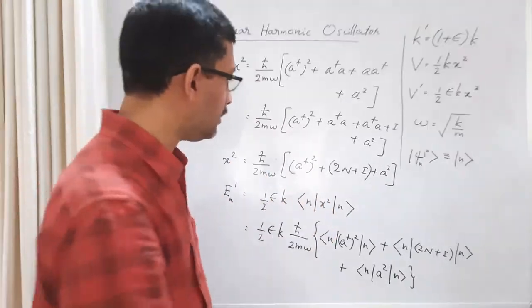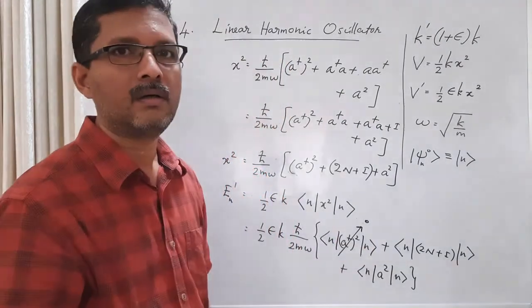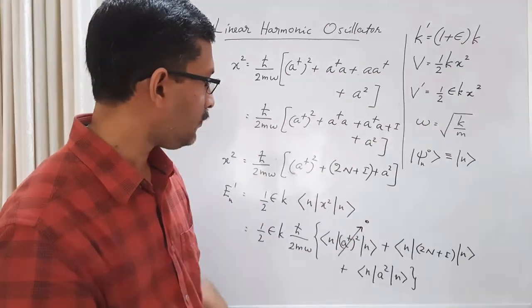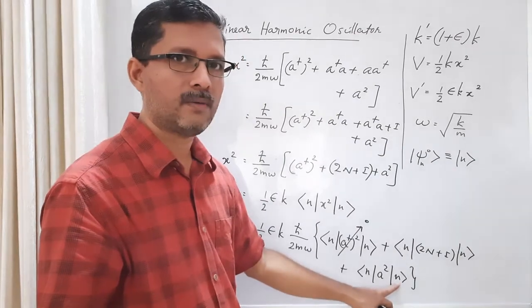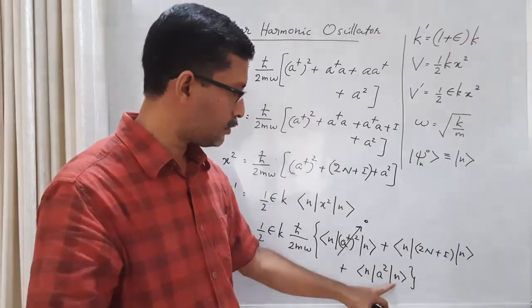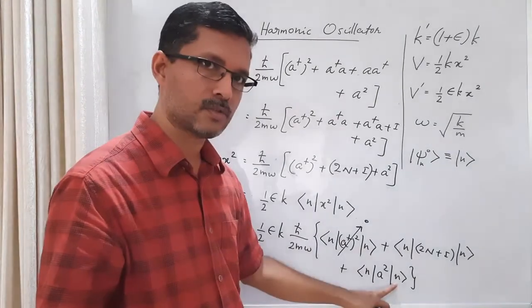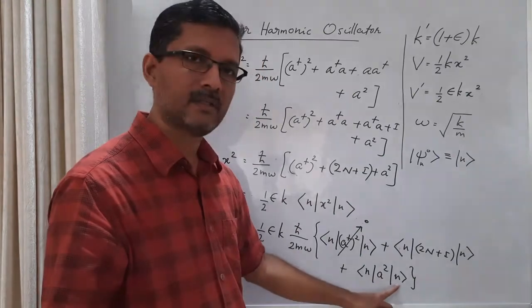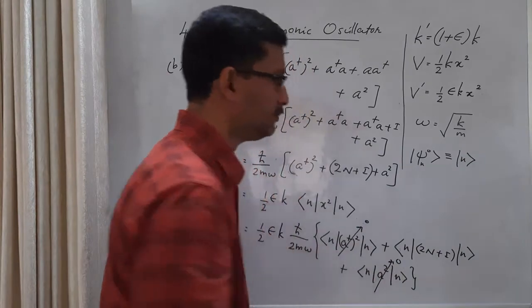So if you take the inner product, you will get 0. And if you look here, this is a lowering operator, n goes to n minus 1. When a acts on ket n, you will get ket n minus 1. When a acts twice, you will get ket n minus 2. So you have to take the inner product between bra vector n and ket vector n minus 2. Again, they are mutually orthogonal, so you will get 0.